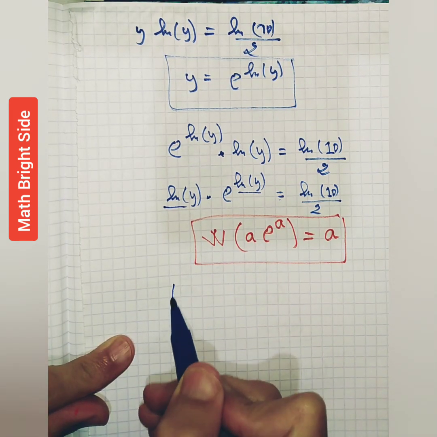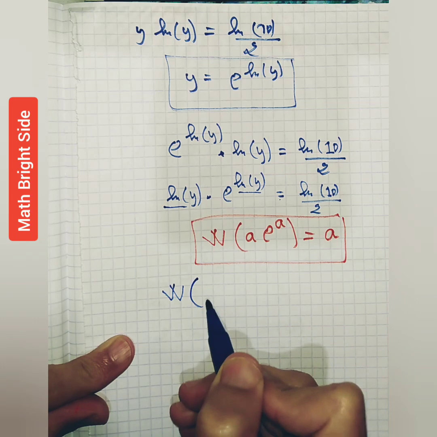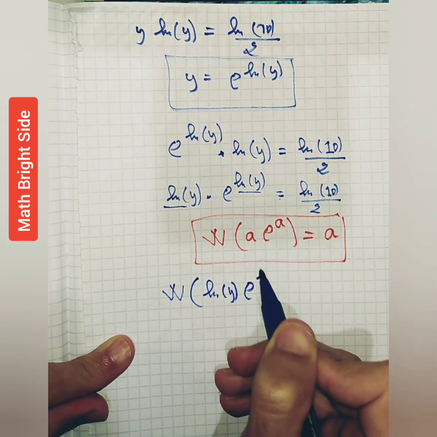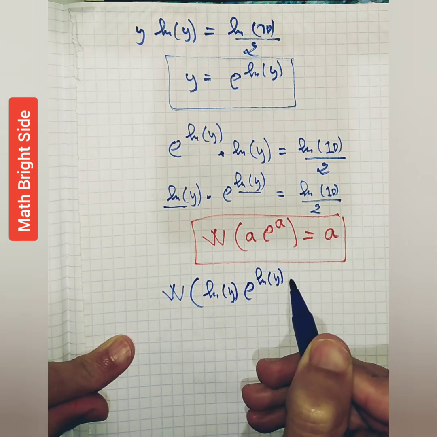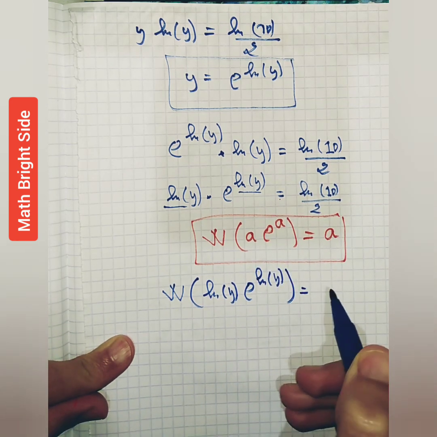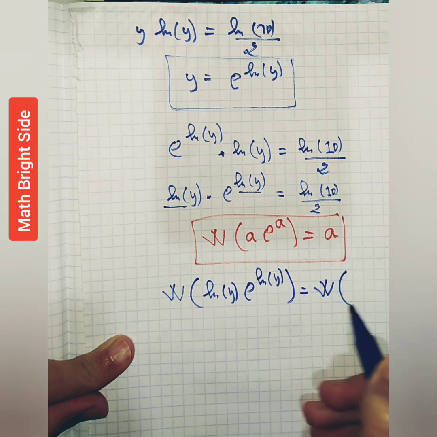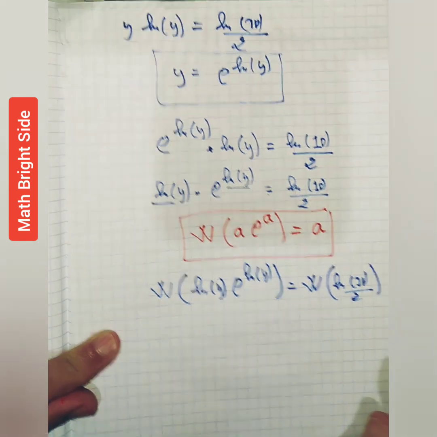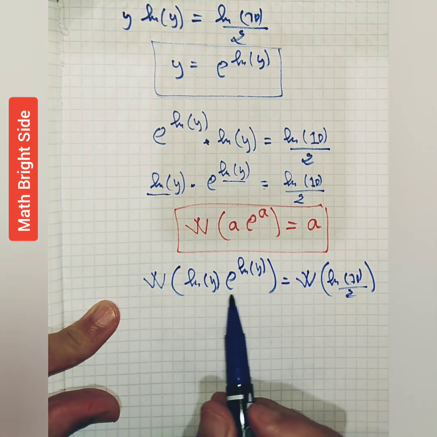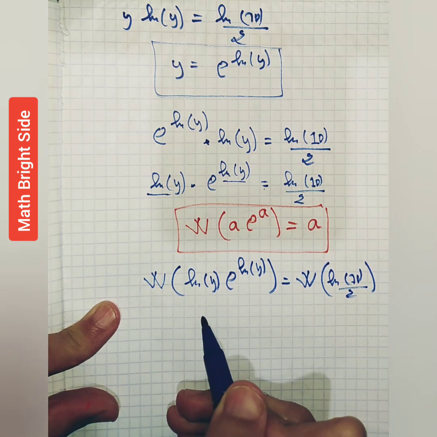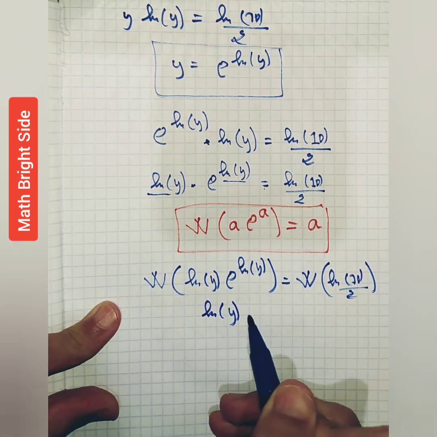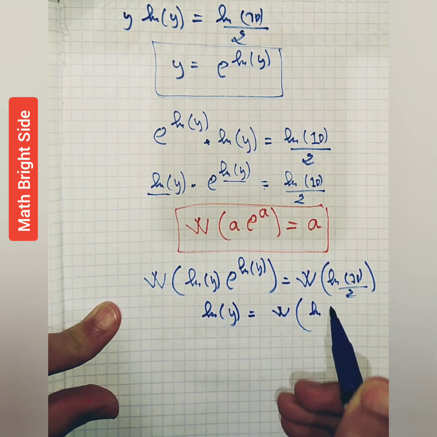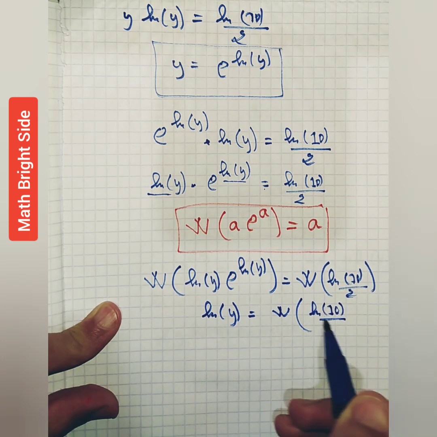So Lambert W of ln y exp(ln y) equals Lambert W of ln 10 over 2. So this gives ln y is equal to Lambert W function of ln 10 over 2.